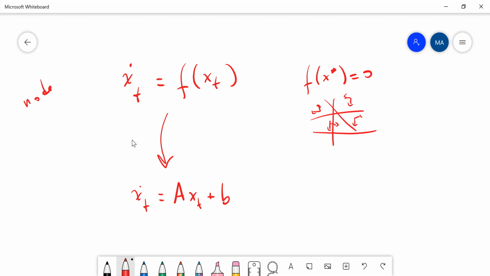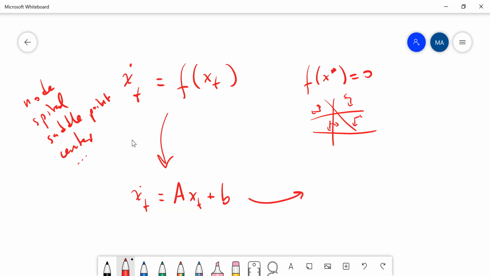Is it a node? Is it a spiral? Is it a saddle point? Is it a center? Etc. So in a linearized system, we know exactly what the equilibrium point is. So we can tell exactly whether the system is stable or not.